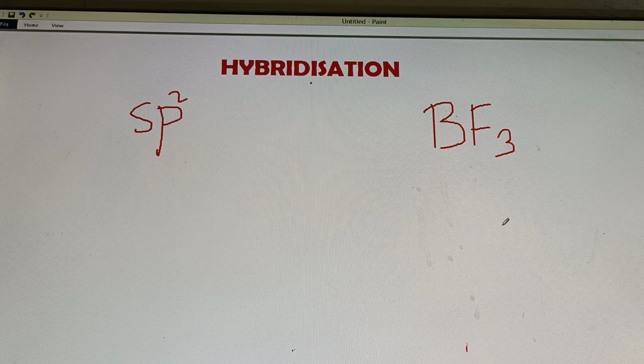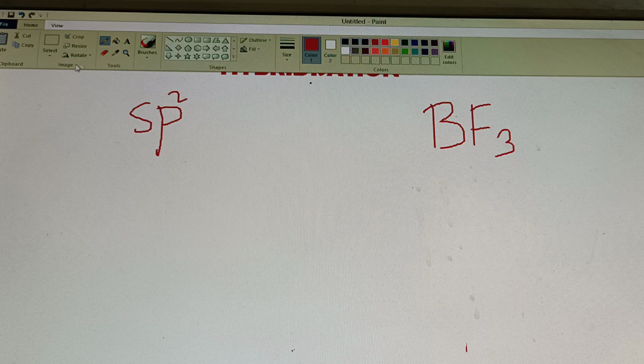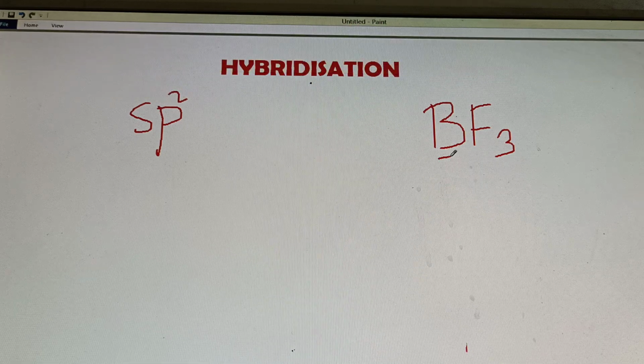Also ethylene, that is, double bonded carbons are sp2 hybridized. Okay, so here the boron atom is the central atom.